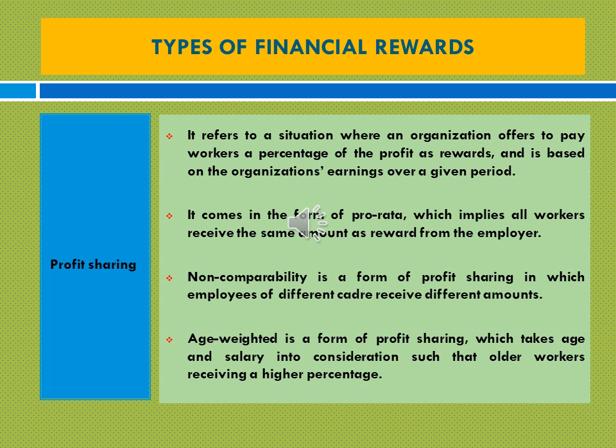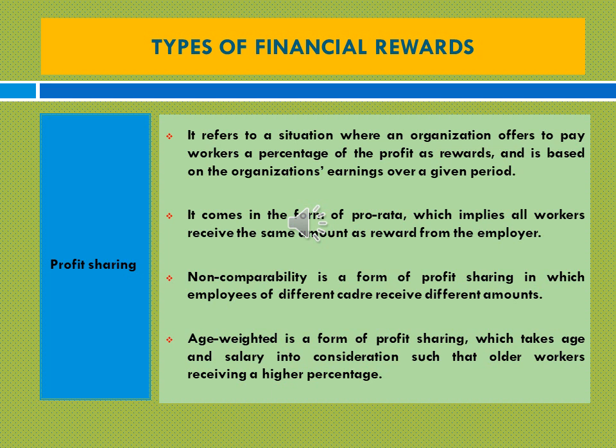In short, profit sharing is a case in which an organization decides to take a portion of the profit earned in any given year and give it to workers in the form of a reward. It comes in three forms: pro rata, which means all workers, regardless of their position, receive the same amount.